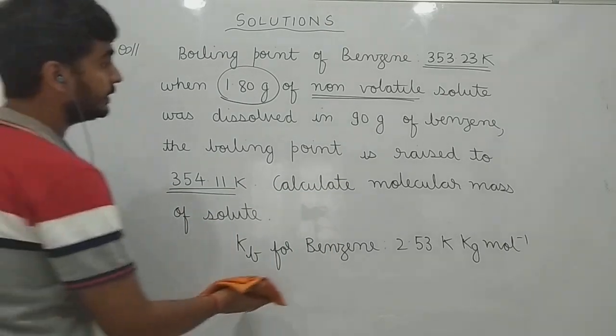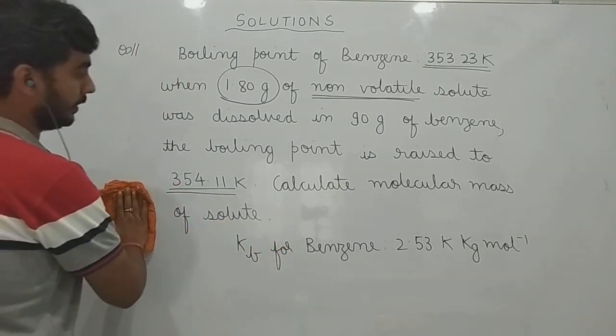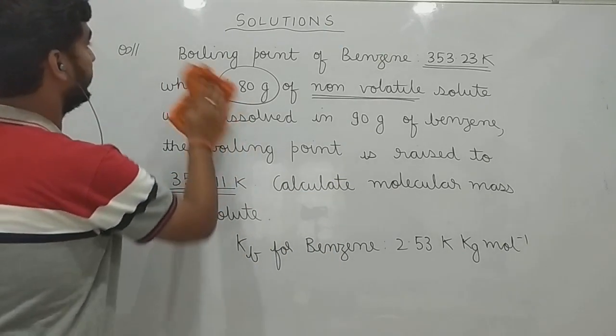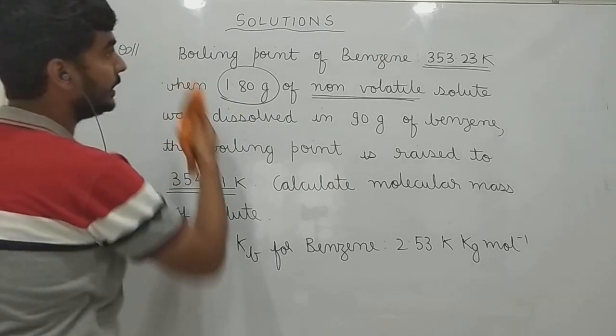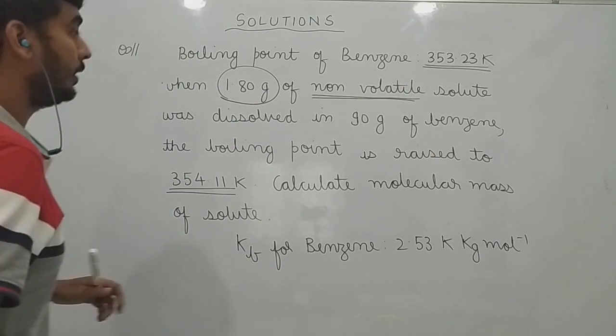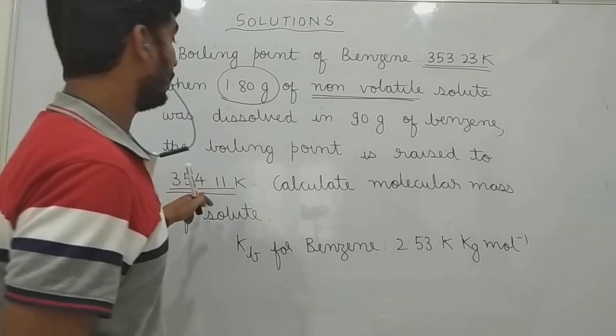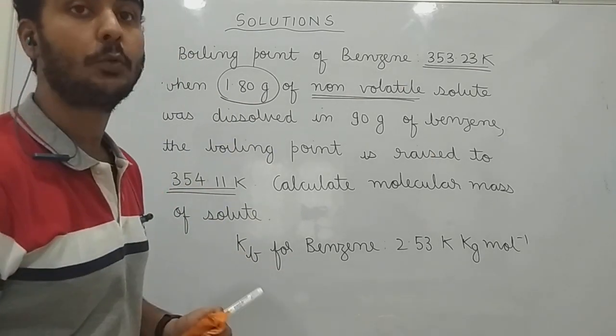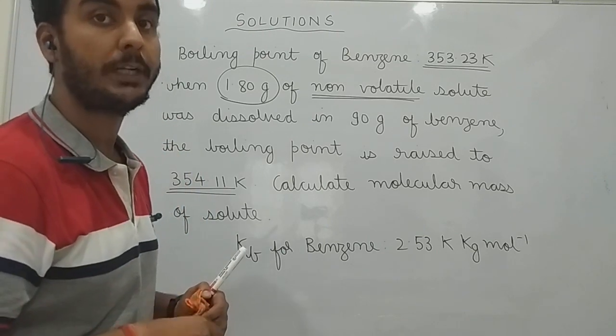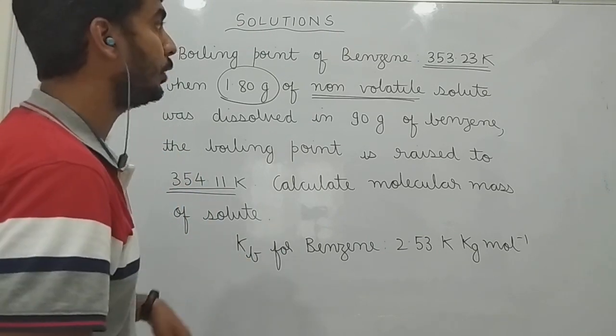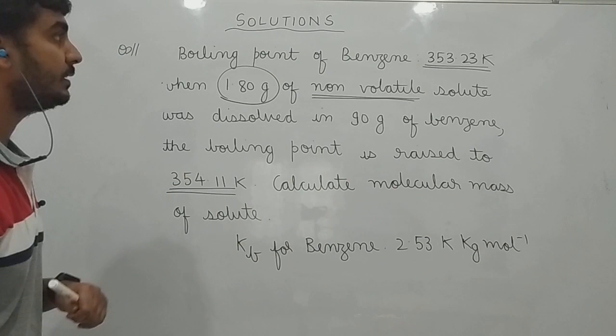So this question will also be solved using the same formula. ये question भी same formula से हो जाएगा. So how we will do? First we have to calculate the change in boiling point, or elevation in boiling point.